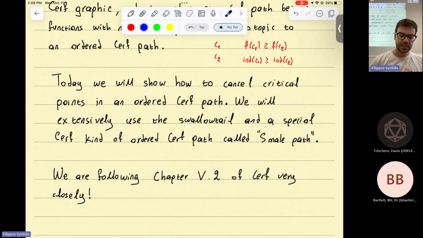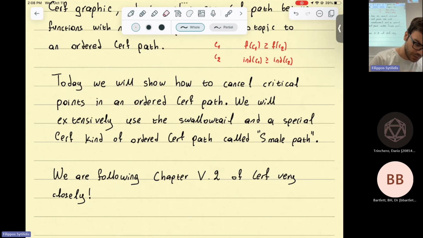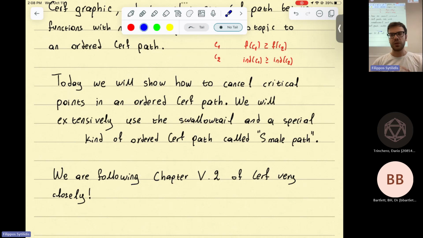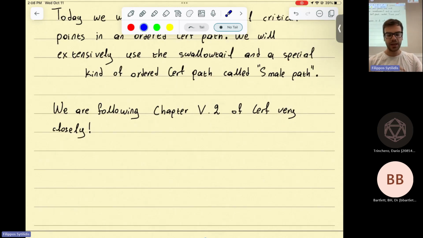And unlike last time, we will make extensive use of the swallowtail, which we mentioned last time, but we didn't really use. And also a special kind of ordered Cerf path, which we call a Cerf path, which is going to show up in a second.